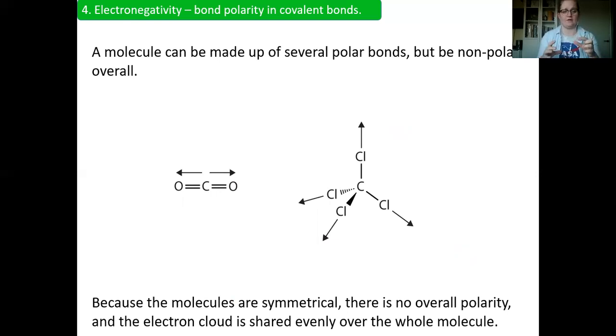Carbon dioxide has our 2 oxygens on either side. The polarity is the same in both directions, so that would be a non-polar molecule overall, even though it has polar bonds inside it. And that is the same for our carbon chloride.